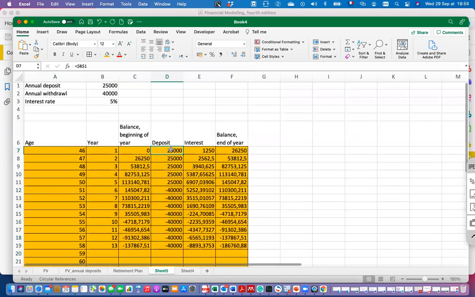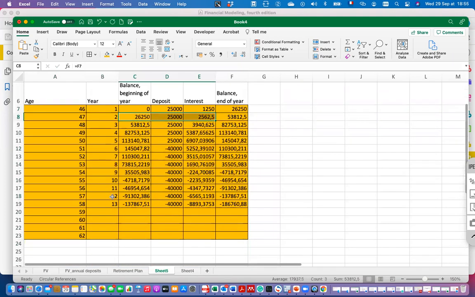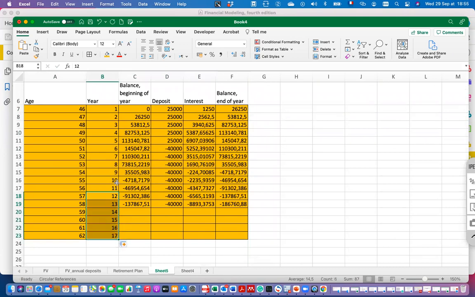Now the deposit is $25,000, the interest is 5%. So I have 17 years of deposits.